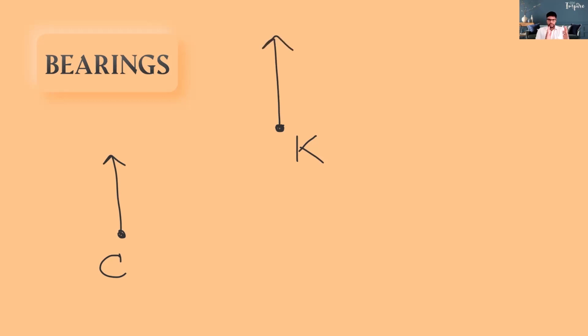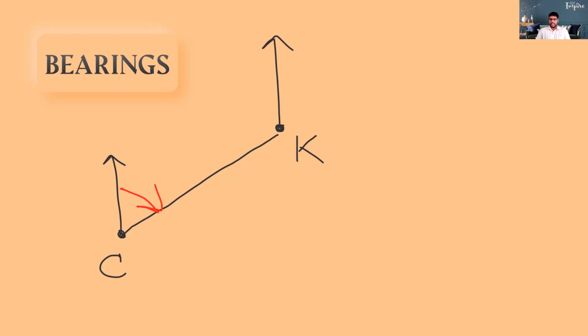That's the north. Now you stand in Colombo and you're looking up, meaning you're looking north. From north, you turn clockwise. You know what clockwise is, right? The direction that the clock hands move. You turn slowly until you are facing Kandy. The angle that you turn will be this much.